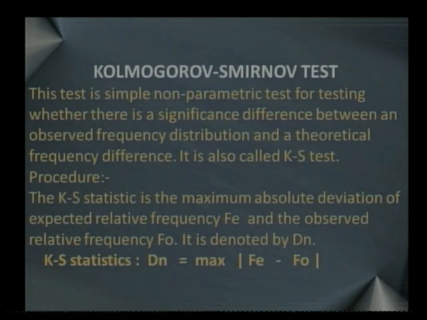This test is the simplest non-parametric test for testing whether there is a significant difference between observed frequency and theoretical frequencies. So the procedure is this: the test statistic is the maximum absolute deviation of the expected relative frequency and the observed relative frequency, denoted by Dn, which is the maximum of the modulus of Fe minus Fo.